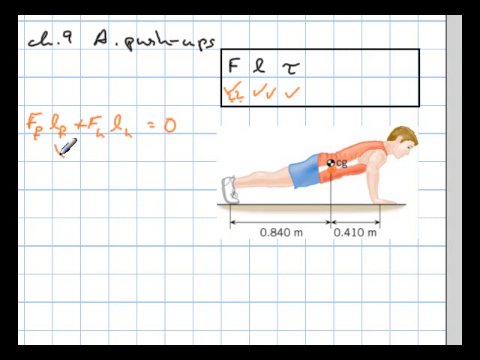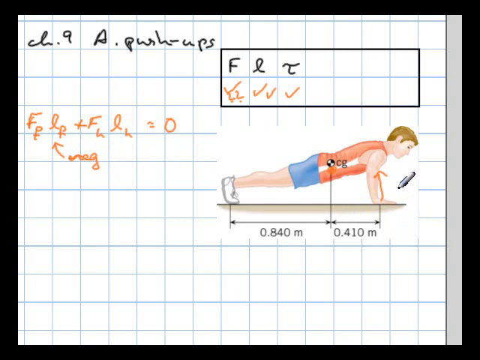And here I need to note, if this is my rotational axis, then I have to consider this lever arm here to be negative, and of course this one is positive.